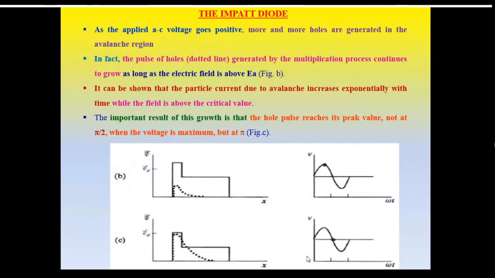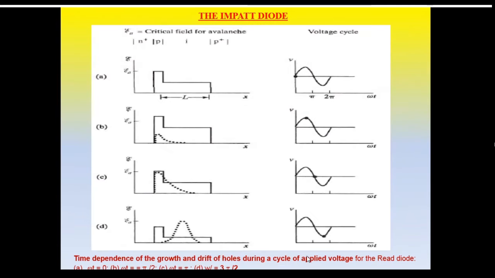Okay, so above Ea means at pi value, not at pi by 2, because from 0 to pi by 2 and pi by 2 to pi, if you see the sine wave, that is voltage. So from pi by 2 to pi also, that value is more than Ea value.